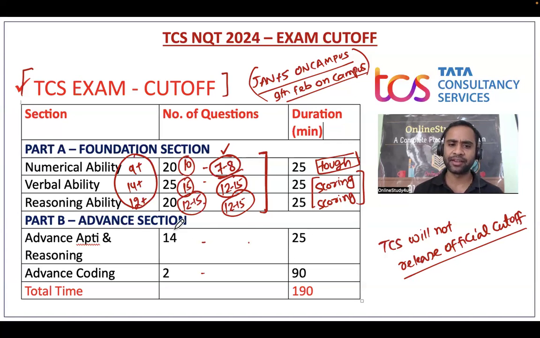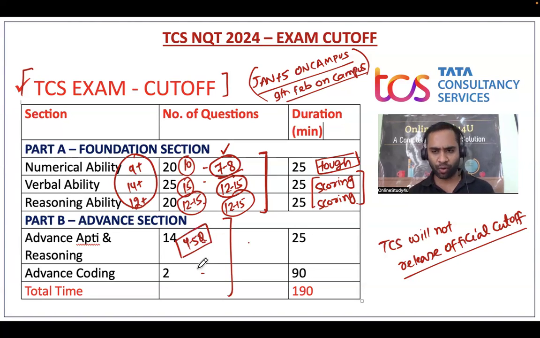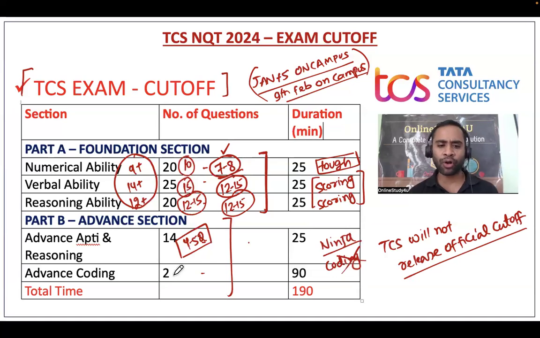Okay, and then the advanced section. So friends, the advanced section, you know it very clearly. In advanced aptitude and reasoning, you have to solve at least 4 to 5 questions. And coding, if there are 2 or 3 coding questions, right? For Ninja, even if you don't solve any coding question, you will be called for interview. But it's not that you don't solve; at least attempt all the coding questions in your examination.